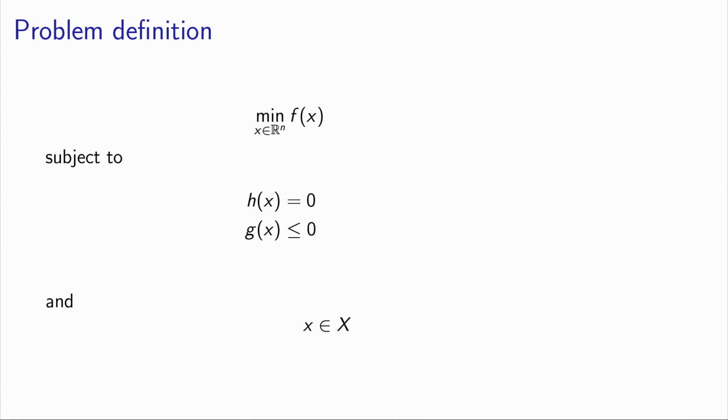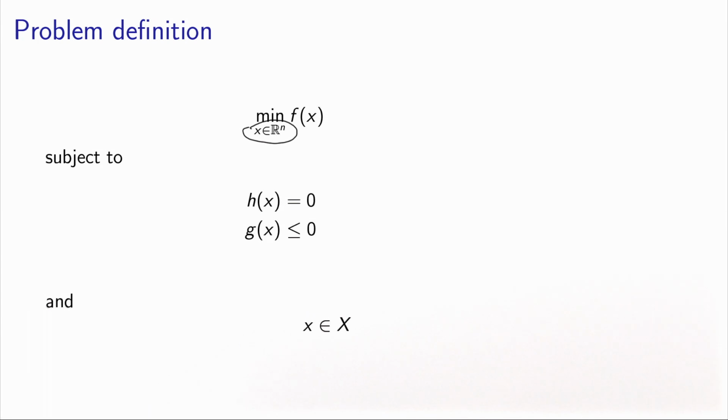So an optimization problem, if you remember, is built based on three things: the decision variables, the objective function, and the constraints. So the decision variables, denoted by x, are represented by a real vector. So here we have n decision variables. So the vector of decision variables belongs to Rn.